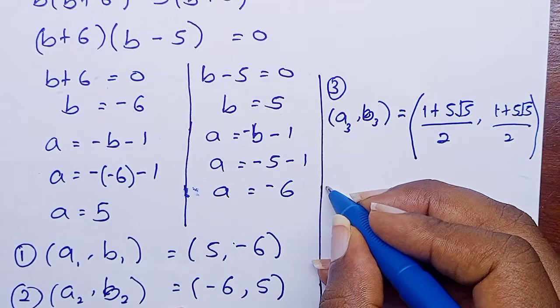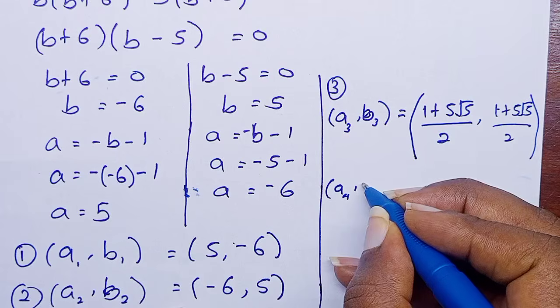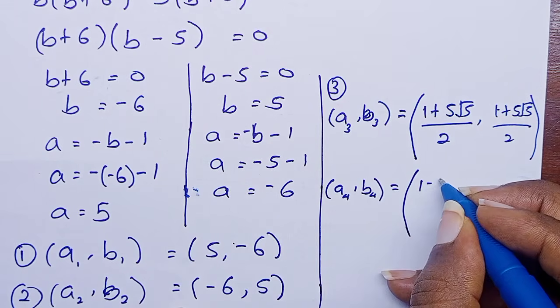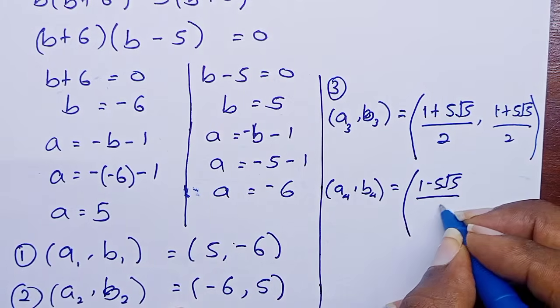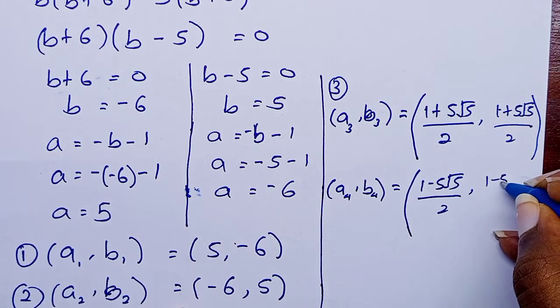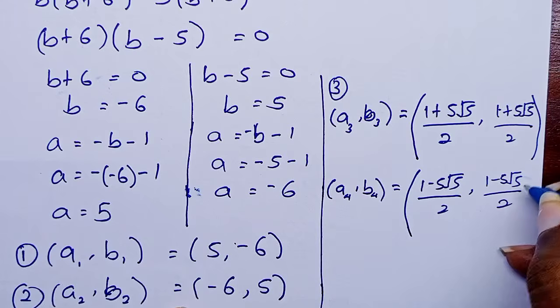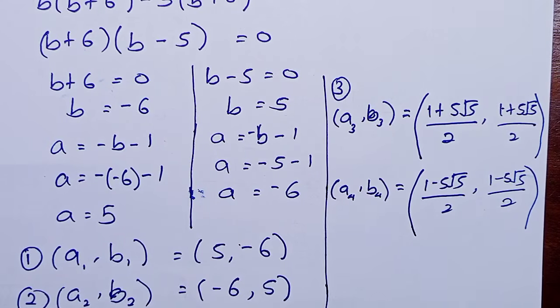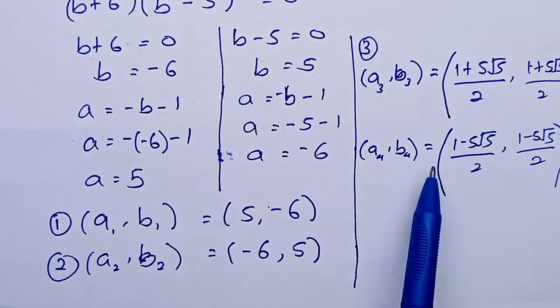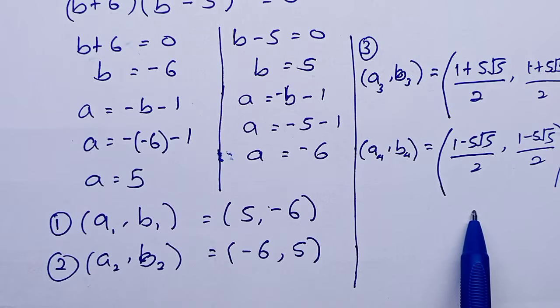Then the other solution was (1 minus 5 root 5) over 2, which is equals to B as well. So these are the solutions for A and B. So we have this, and this. So there are 4 solutions for A and B.